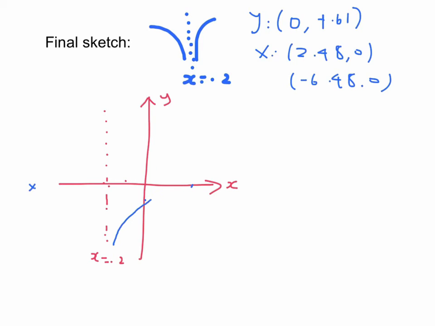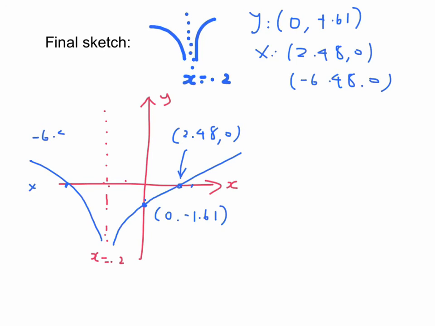So something like this is good enough. It looks pretty bad actually, but I'm looking as a maths marker for whether you've put the labels in the right spot. So you go 0, negative 1.61, and this one will be 2.48, 0, and this one is negative 6.48, 0.